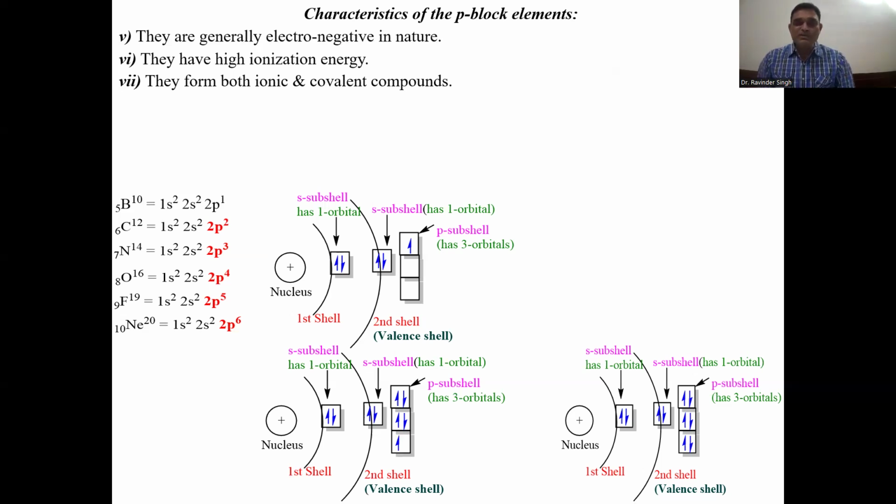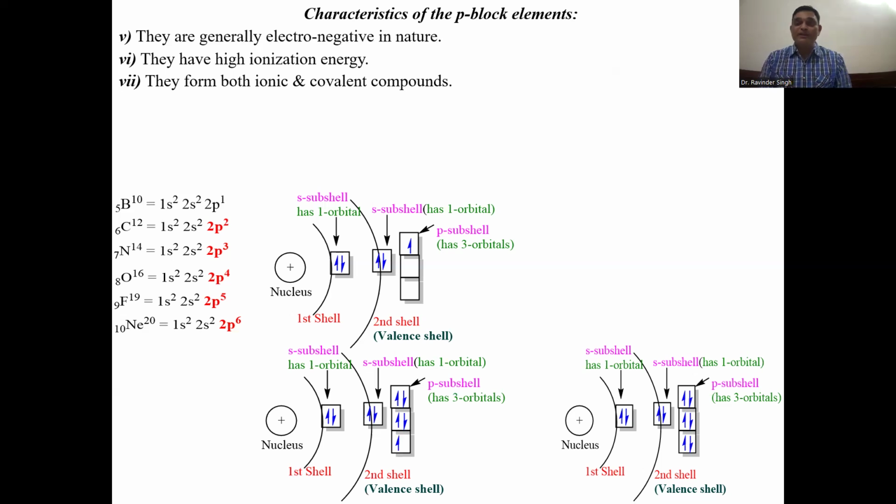So on the basis of electronic configuration, by drawing their electronic configuration, we can explain the nature of the compound formed by these elements, whether they form a covalent compound or an ionic compound. They can lose the electron or they can share the electron. So boron can form covalent compounds, while fluorine can form, for example, NaF.